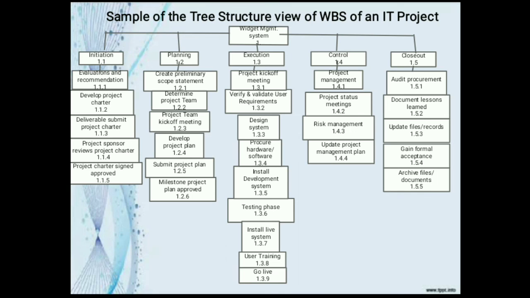The third and lowest level shows work packages. Each of those 5 project phases, the initiation, planning, execution, control, and closeout, also act as control accounts and branch off the main deliverable at the top.